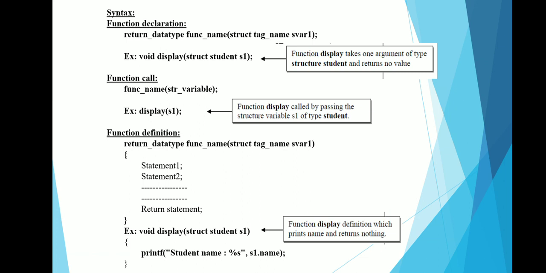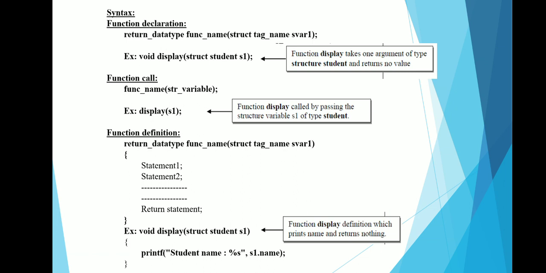So we know that our function contains three different parts: function declaration, function call and function definition. So let's see the syntax for function declaration. Again, function declaration contains three parts: return type, function name and its arguments.